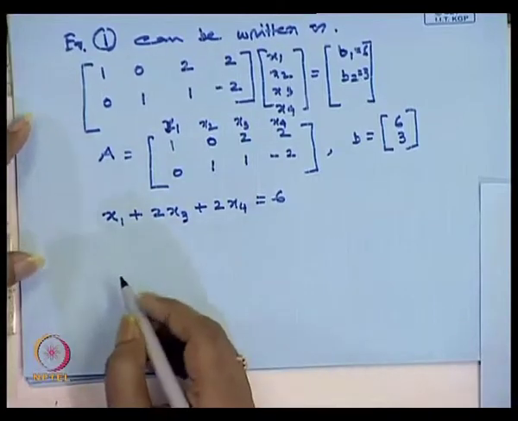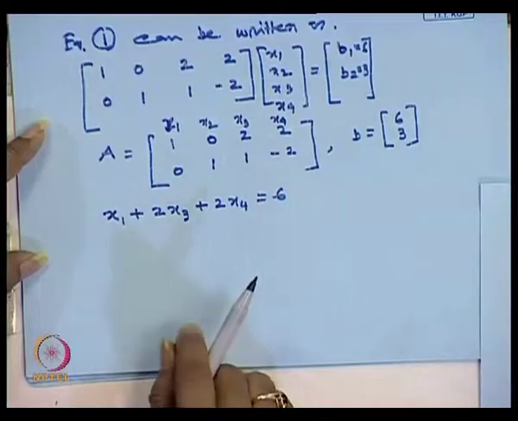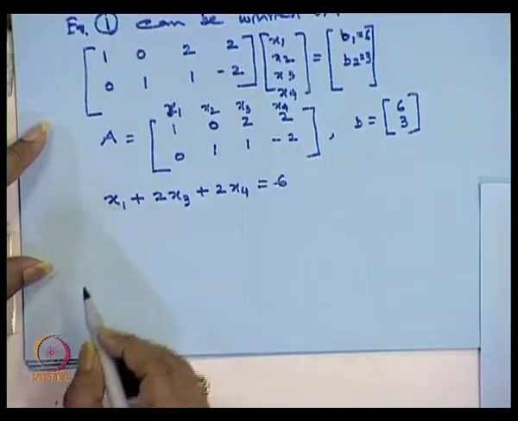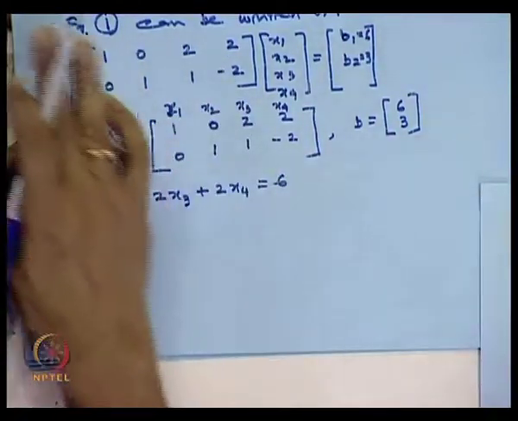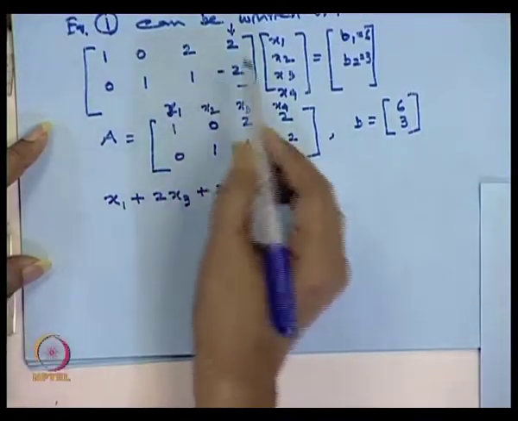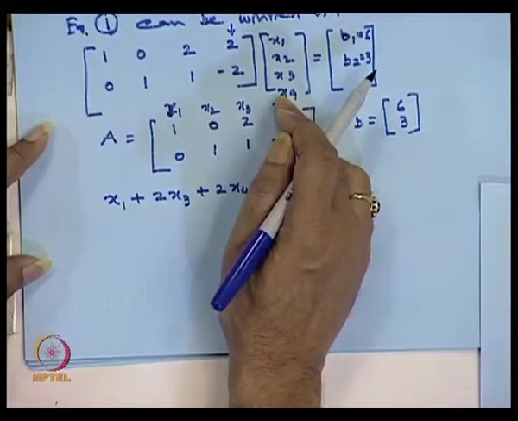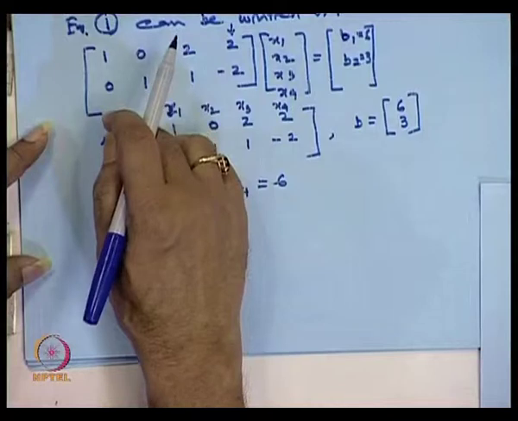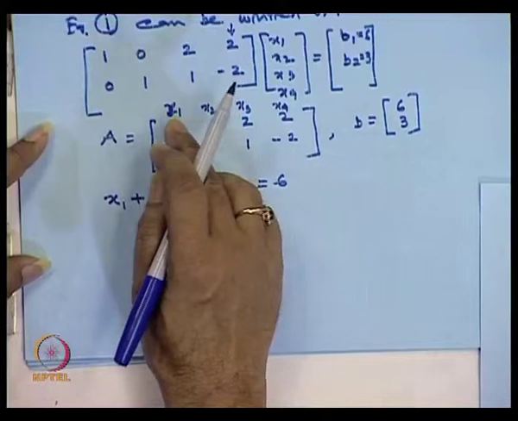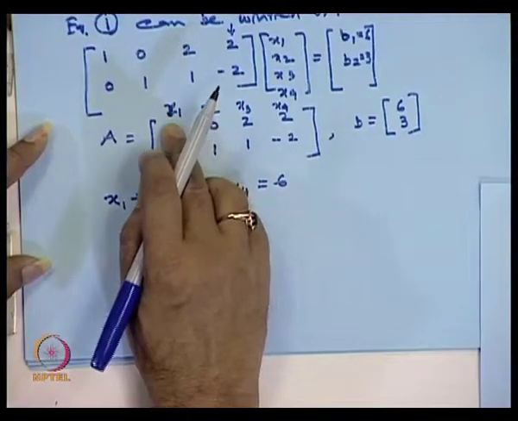Okay. Now you have to do that operation. We have seen that x4 is entering as a basic variable, and x1 is entering as a non basic variable.